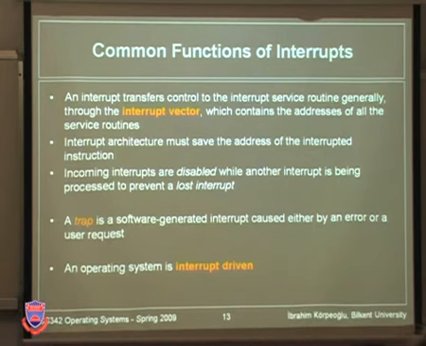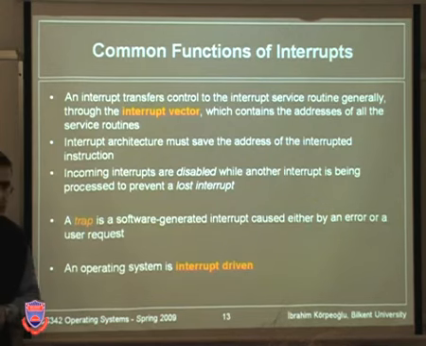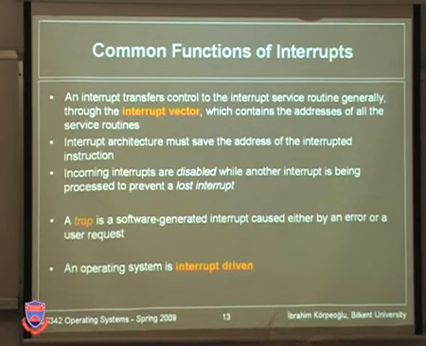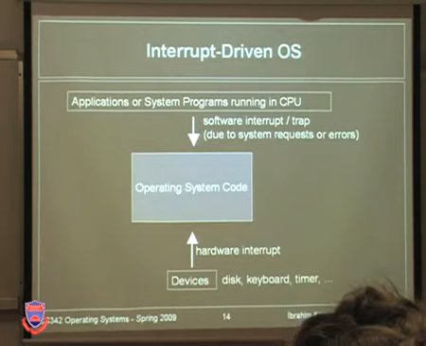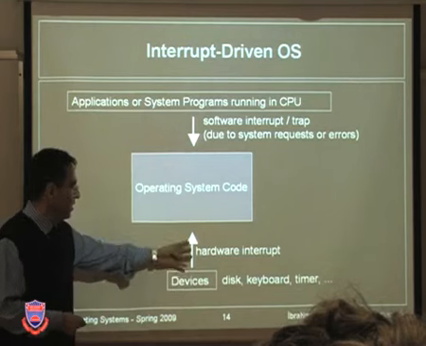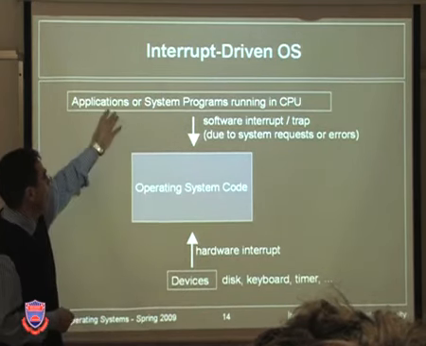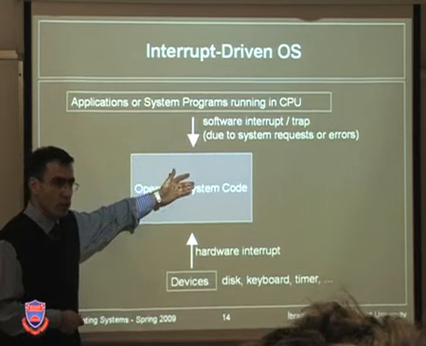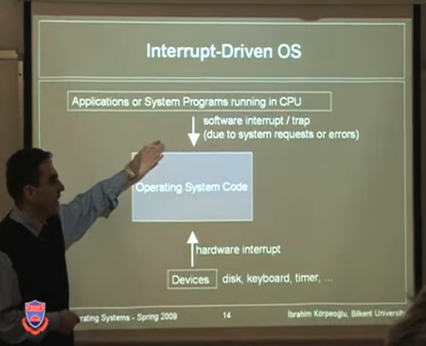A system call is made to get a service from the OS, and therefore the currently running application is interrupted and stopped, okay? And a special machine instruction, which is called trap, is run to start executing kernel code in the CPU, after suspending the application. As a result, we have the operating system code to execute whenever devices give an interrupt to the CPU, or whenever applications require some service from the operating system, and for that purpose they trap, okay?